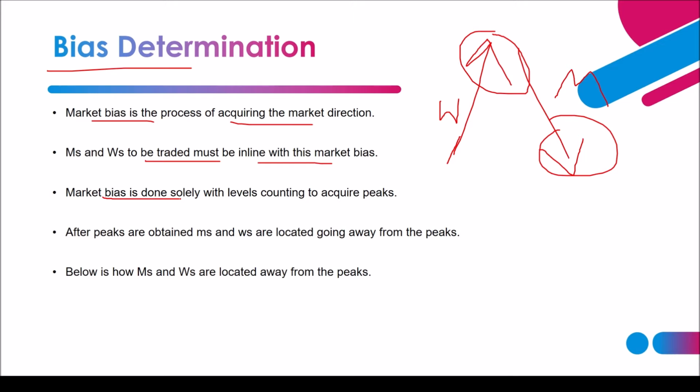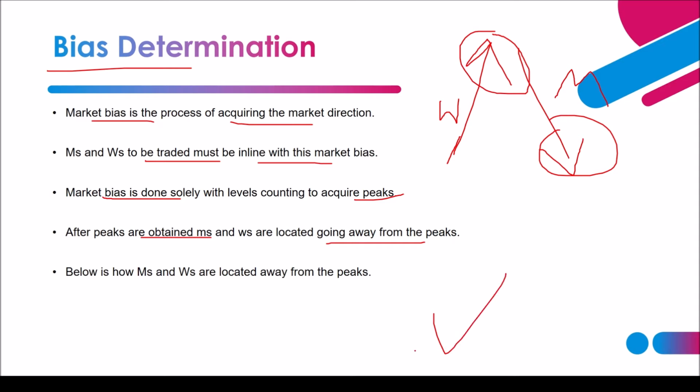Peaks are basically reversal points that are available on the charts. For the purposes of this video, we are not going to delve deep into counting of levels, but I'm going to impart a skill that can help you acquire peaks with ease. After peaks are obtained, M's and W's are located going away from those peaks.